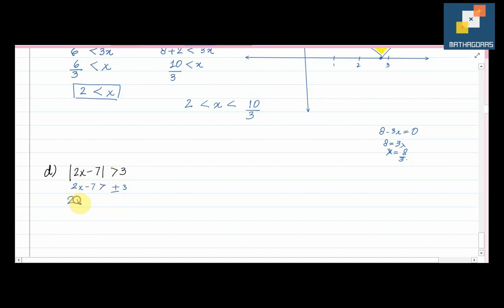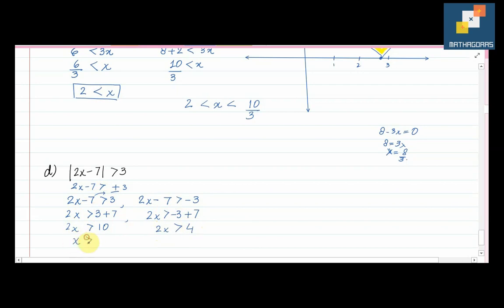So 2x minus 7 should be greater than 3, and 2x minus 7 should be greater than minus 3. 2x should be greater than 3 plus 7, and 2x should be greater than minus 3 plus 7. 2x should be greater than 10, and 2x should be greater than 4.